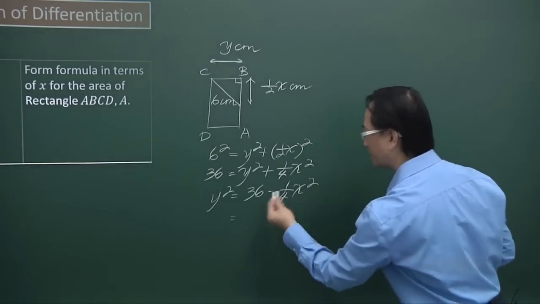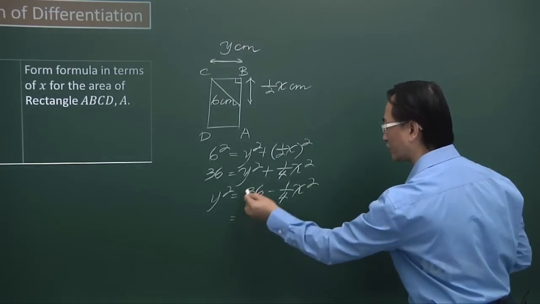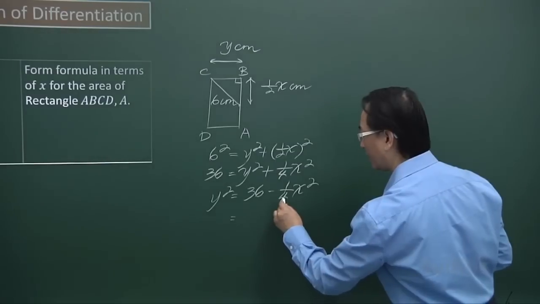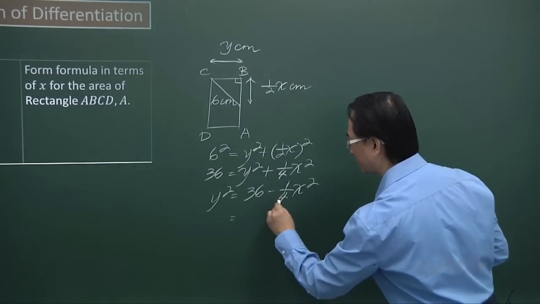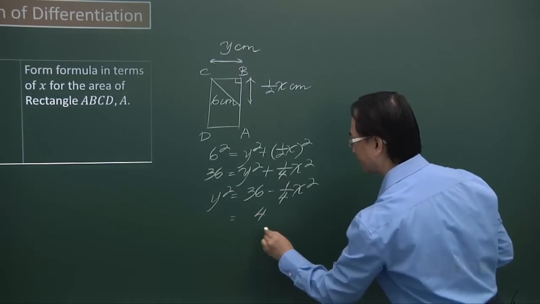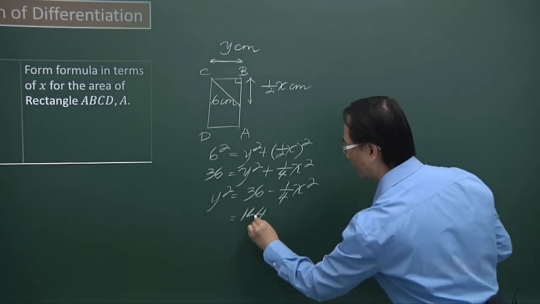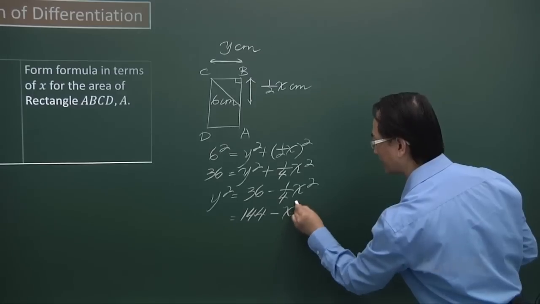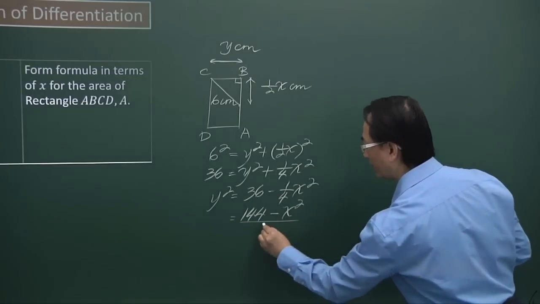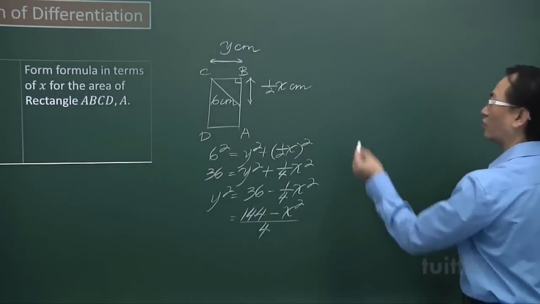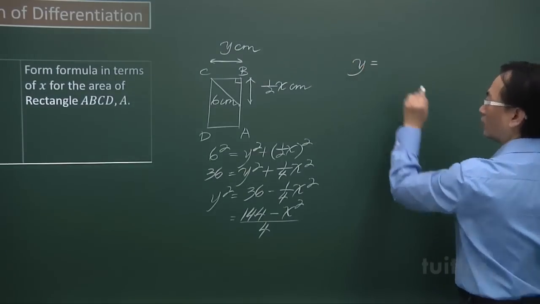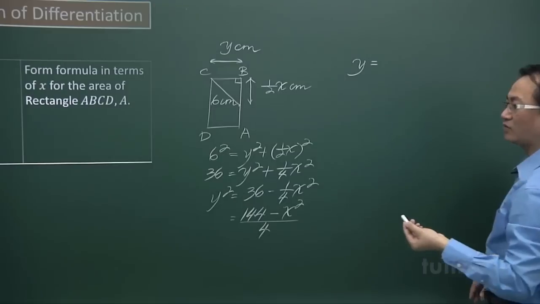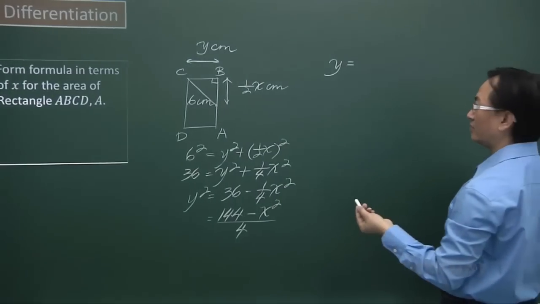Now that can be simplified if I just group them up to something like this. 36 times 4 is 144 minus x squared over 4. So y will equal to, in this case, I will reject the negative.